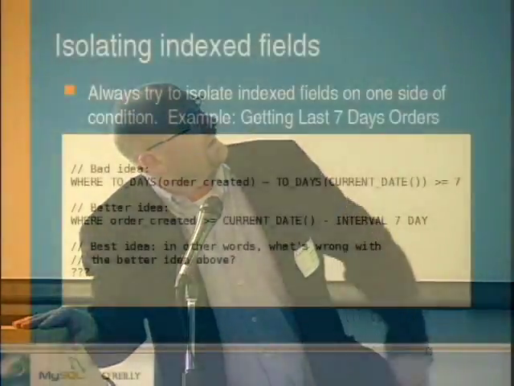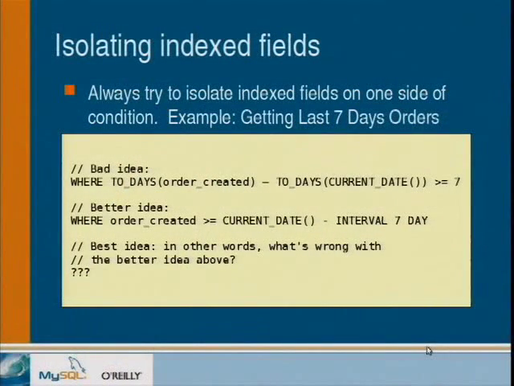Okay. Whenever you apply a function to a field that's indexed, the optimizer can't use the index on it. So you want to look for opportunities where you can rewrite SQL statements like the one on the top here into the exact same statement, with the exact same result, but you've isolated the index field without any function operating on it, just converting the statement into a different way of representing it.